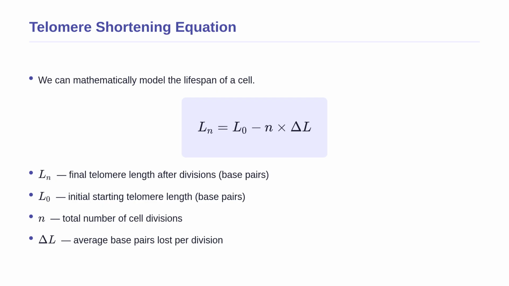The variable n represents the total number of cell divisions the cell has undergone. Finally, delta L represents the average number of base pairs lost during a single division. Conceptually, the current length is simply the starting length minus the total DNA lost. If the loss rate, delta L, increases, the telomere length decreases much faster, causing the cell to age sooner.